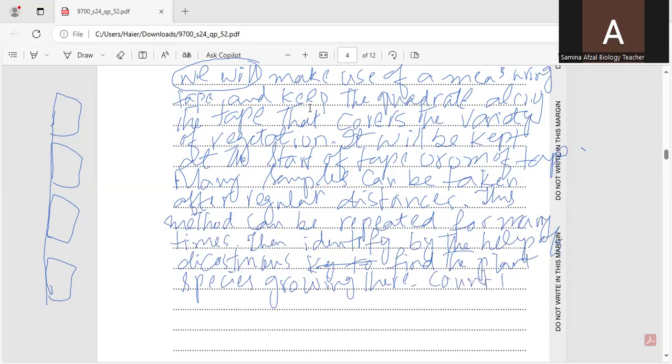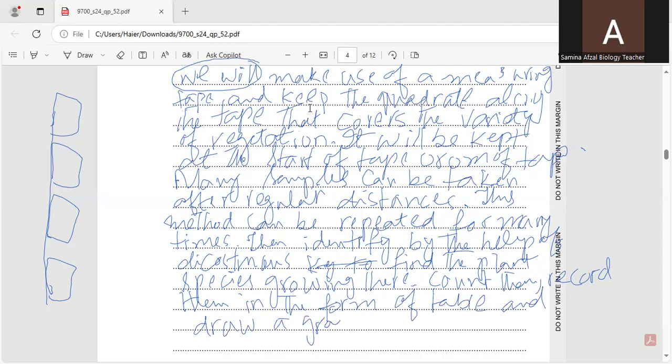Count them, record them in the form of a table, and draw a graph to compare them.